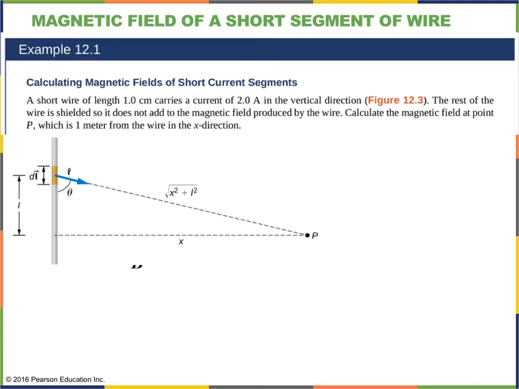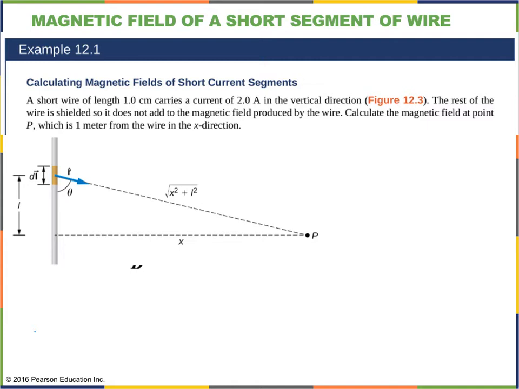So here is a little example, and I just thought I would do it as an example in the video, where we're trying to find the magnetic field due to a short piece of wire, where the current is going up in the vertical direction.